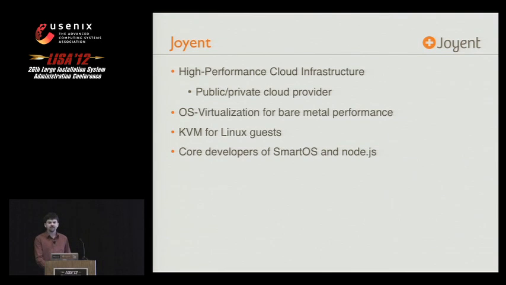Something that I guess isn't on the slide is that we have a lot of people who come from other providers and who are running other operating systems. And since we tell people we're the high performance cloud infrastructure, that's actually the tagline at the top of the Joyent website, many of our potential customers say, well, prove it. Make this operating system go faster, make my applications go faster.